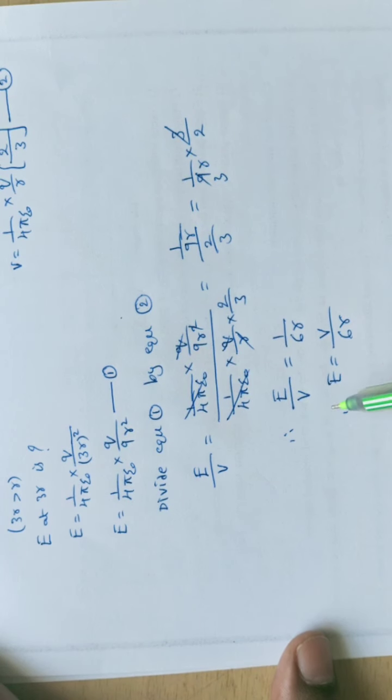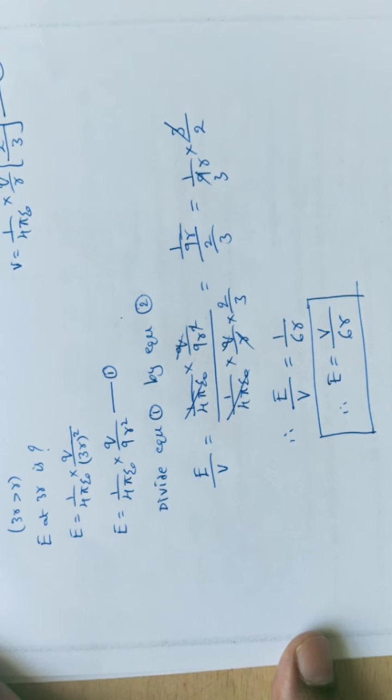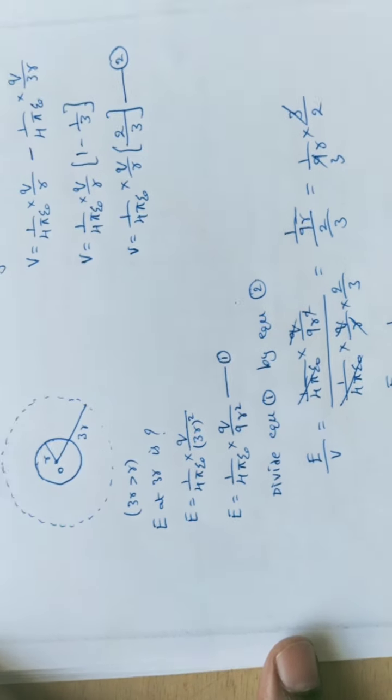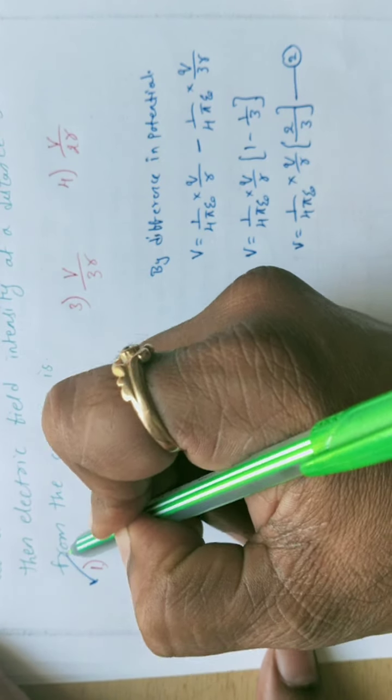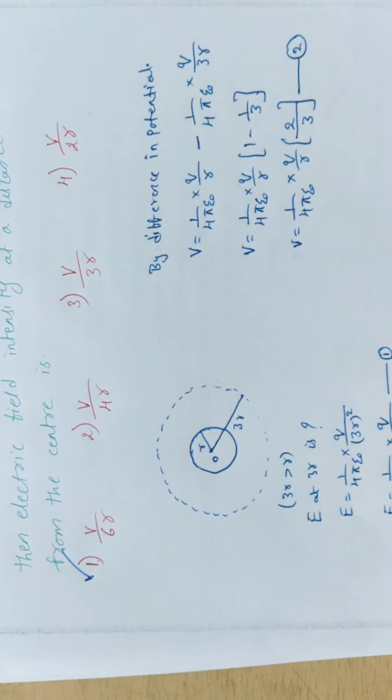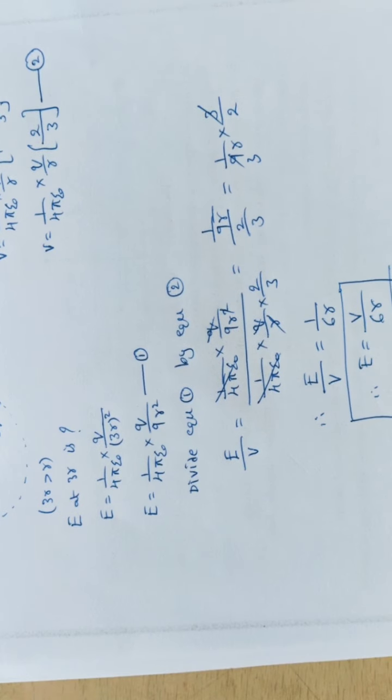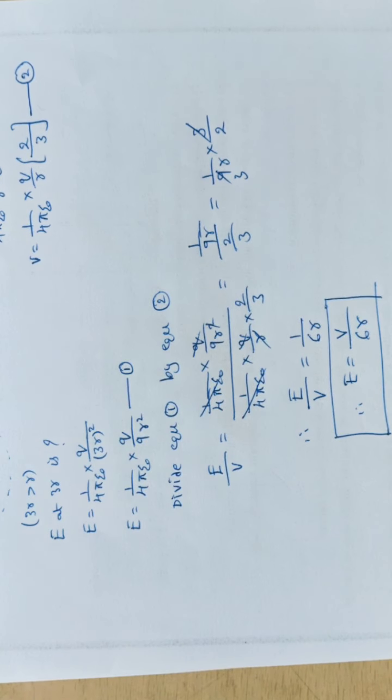From this, the correct option is option number 1. So V by 6r is the correct answer for us. This is the way of getting the result for this solution. Okay students.